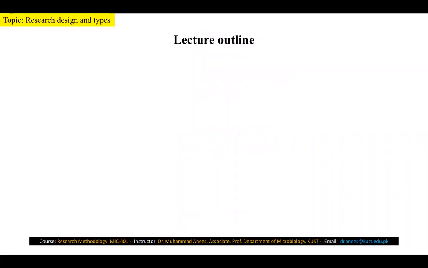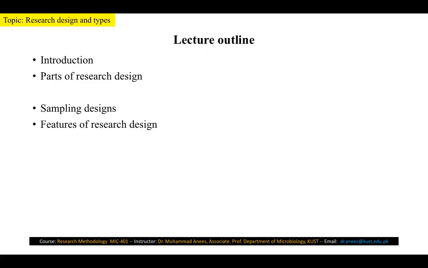So first we discuss the lecture outlines. In the beginning of this lecture, I will introduce the topic and then we'll discuss the different parts of the research design. Then we'll discuss the different types of sampling designs.